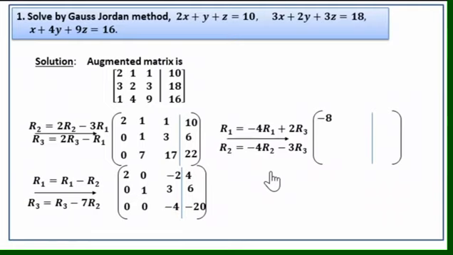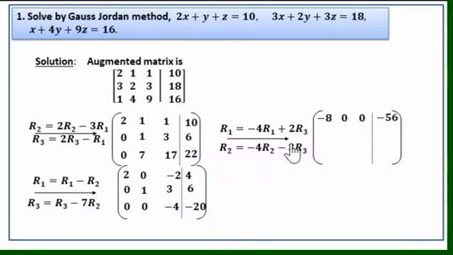First row becomes minus 4 into 2 plus 2 into 0, that is minus 8. Then minus 4 into 0 plus 2 into 0, 0. Then minus 4 into minus 2 plus 2 into minus 4, 0. Then minus 4 into 4 plus 2 into minus 20, it is minus 56. Similarly, for the second row, apply this operation.